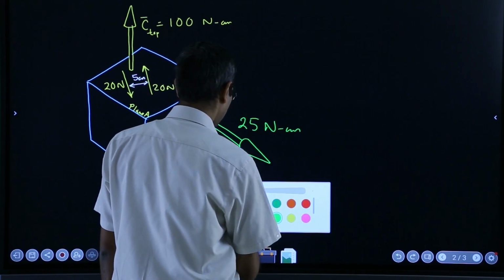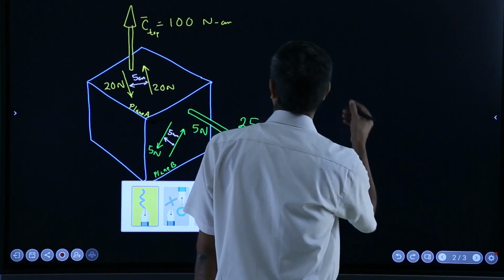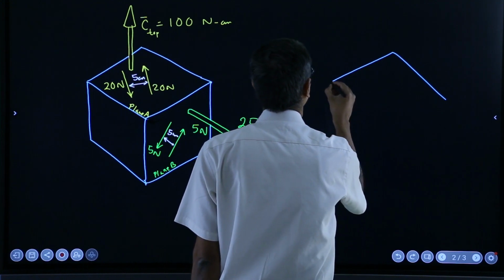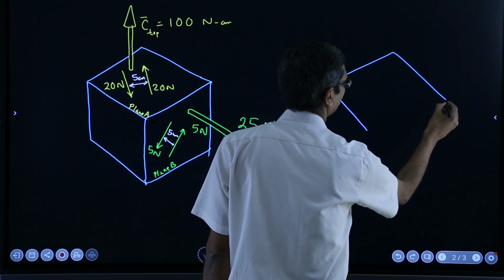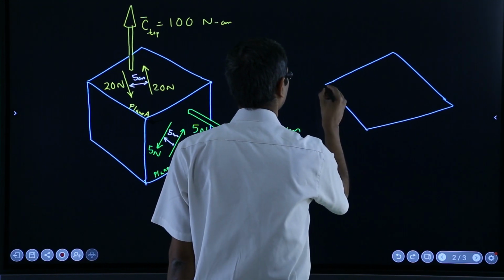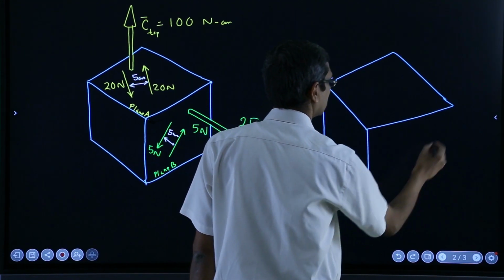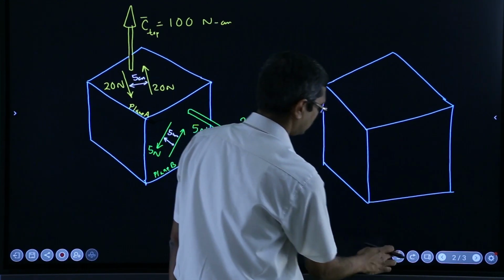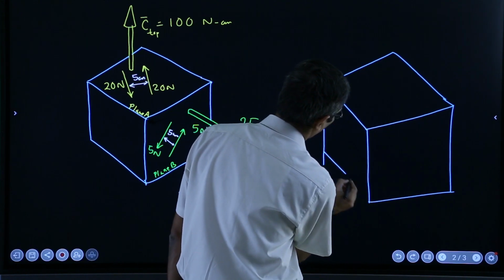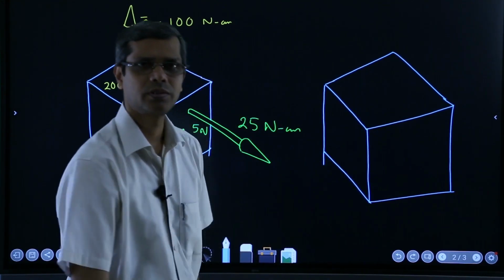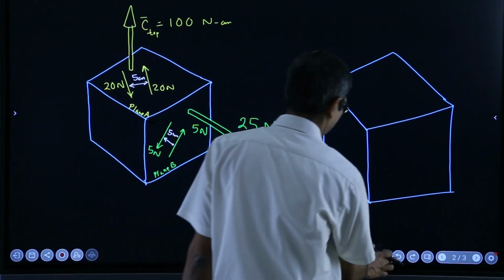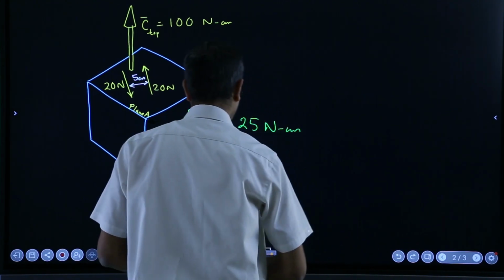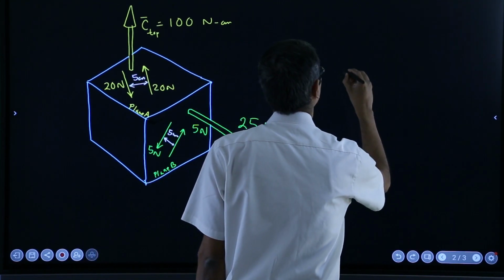Now I'll go to another picture where I'll try to do the same thing, but with the rotated picture of couple moments. Okay. So yeah, still it's a bad drawing. So let me try again.